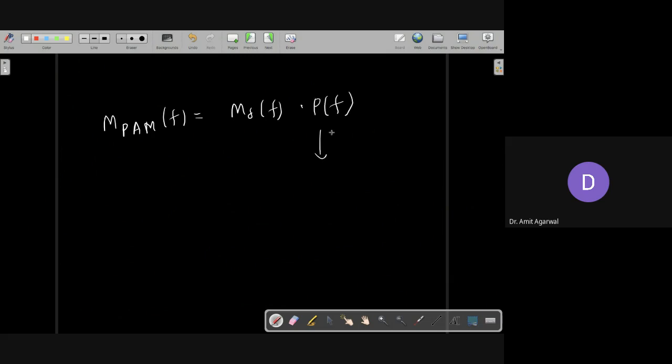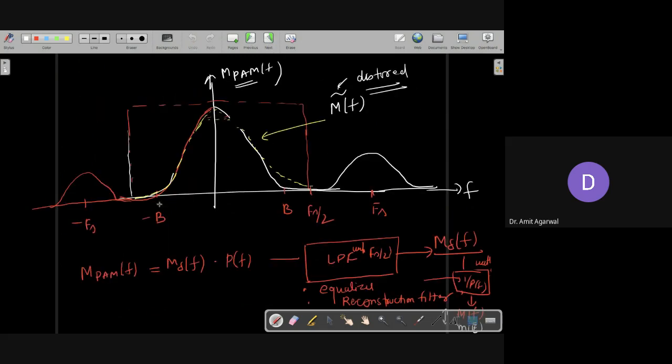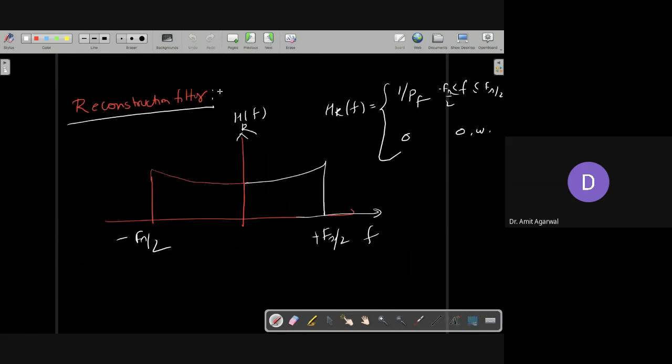So if you multiply it with 1 upon P(f), then you will get the original. First you pass it through the low pass filter, so you get this type of signal, right? Next, you multiply it with the reconstruction filter, or a filter whose frequency response is 1 upon P(f) for frequency fs by 2 to minus fs by 2.